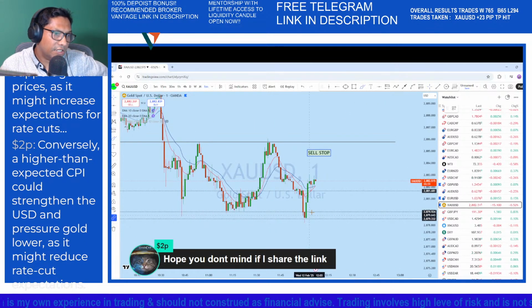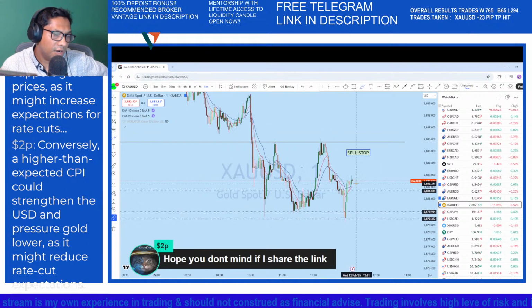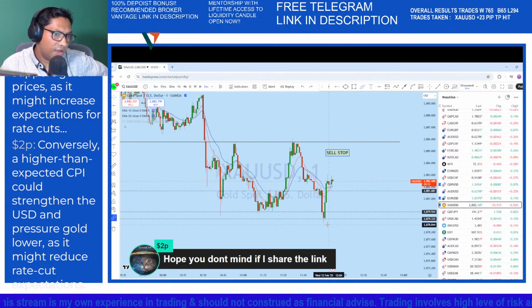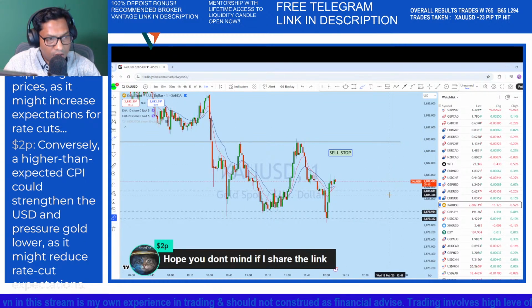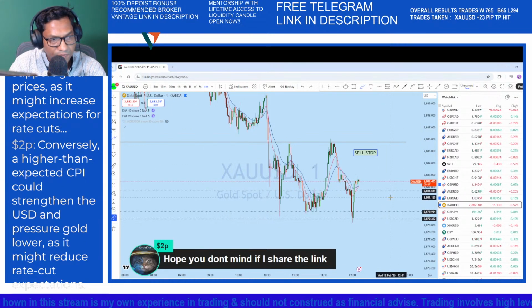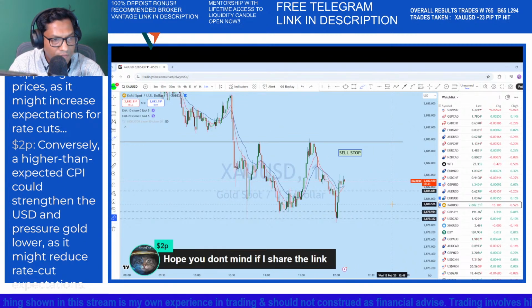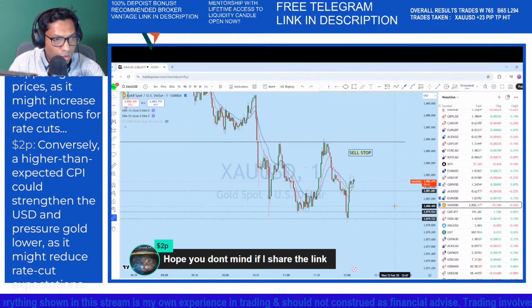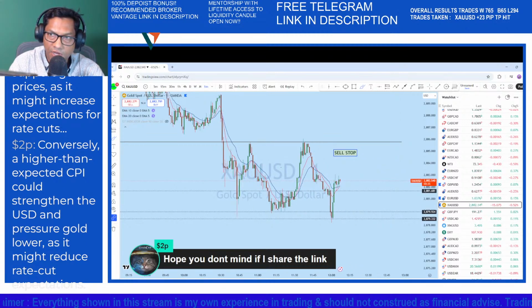Here we can see that there is an inverted head and shoulder in that area, expecting the market here on the lower time frame. We might see that it's potentially returning back to the upside. And with that movement, we already had one successful trade. Would like to see if there is any further opportunity coming up.